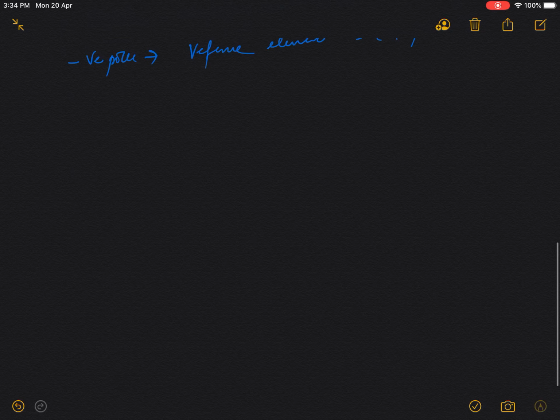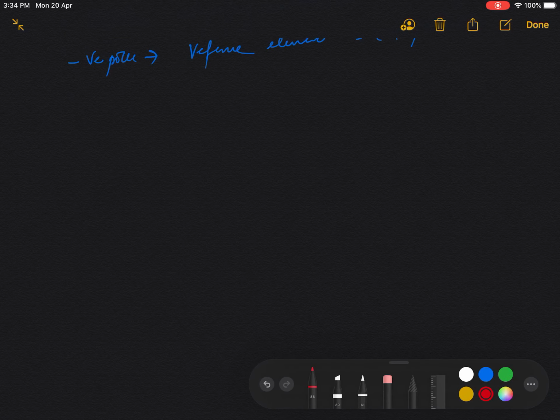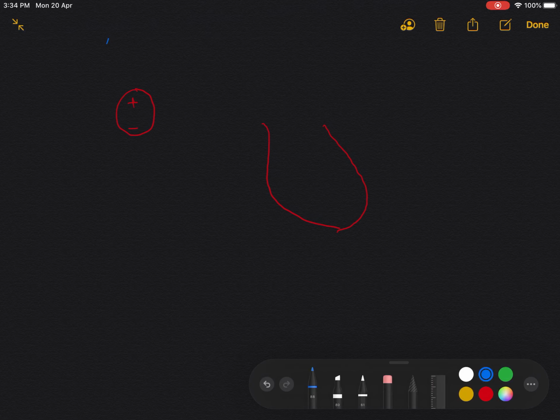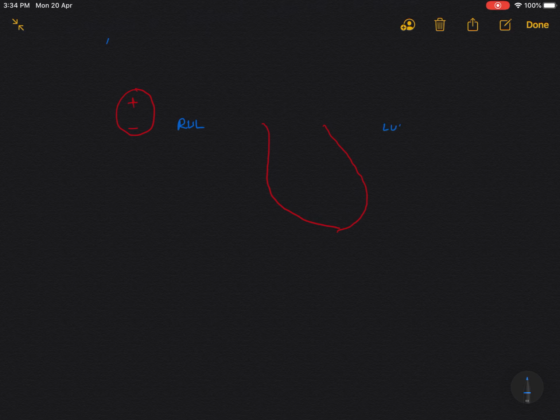So if we see now, this is our heart, and this is the right upper limb, left upper limb, and left lower limb points.